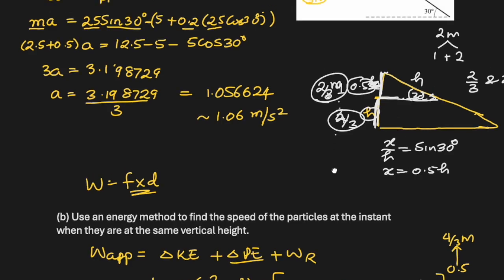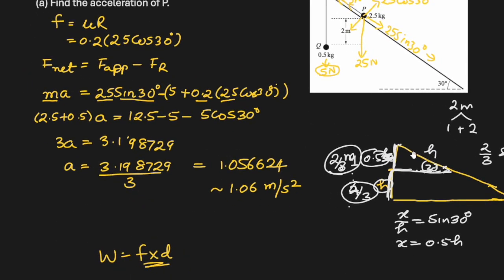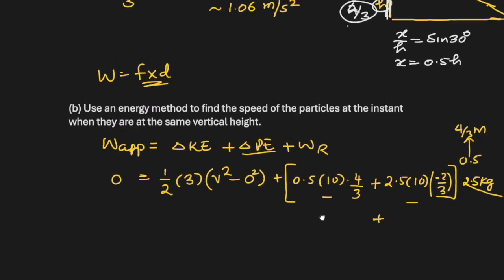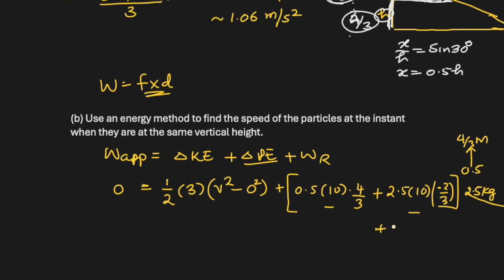This is the distance it has moved, which was exactly 4/3, equal to this one. The amount it went up, the same amount it went along the surface. So 4/3 will be the distance we'll take, and force is 0.2 times 25 cos 30, and now distance is 4/3. This is our energy method.